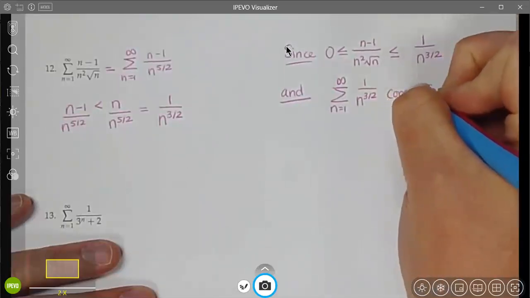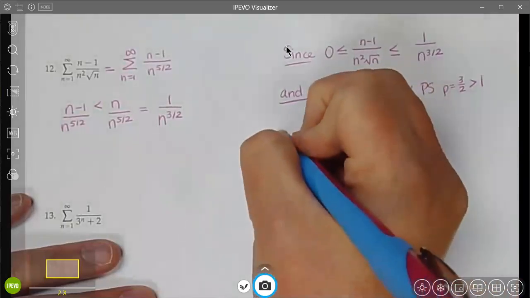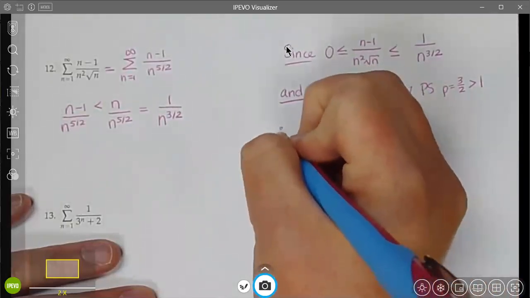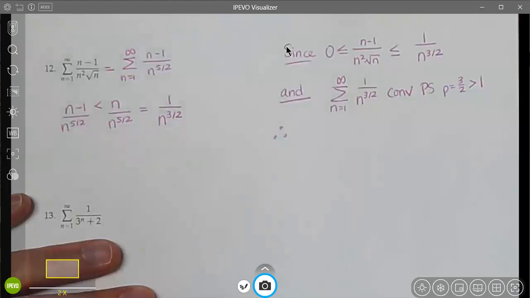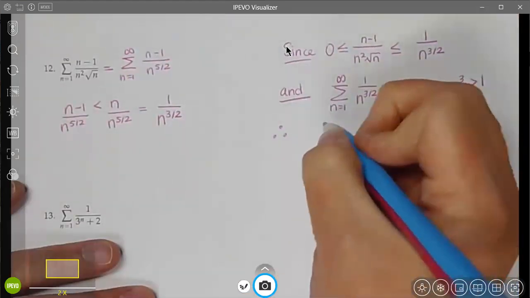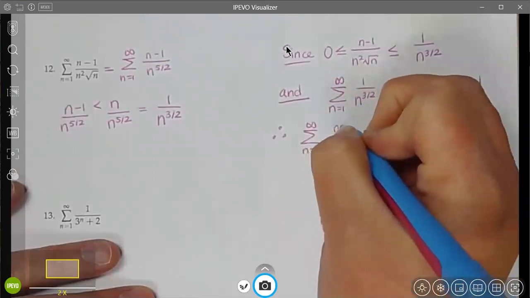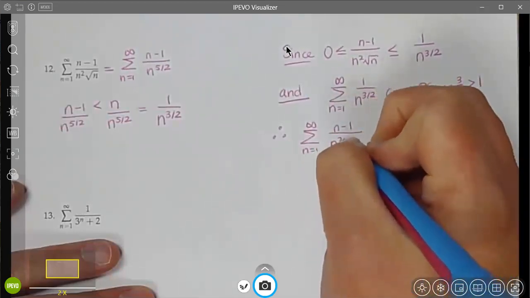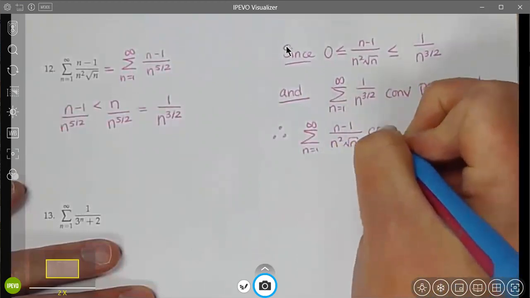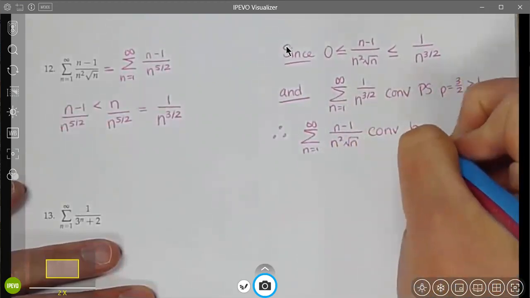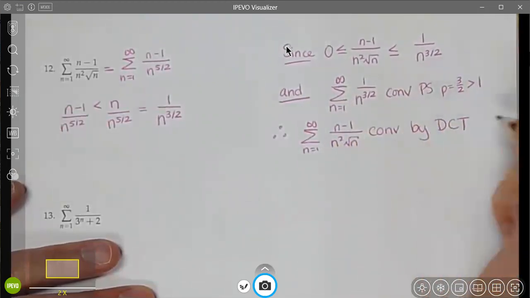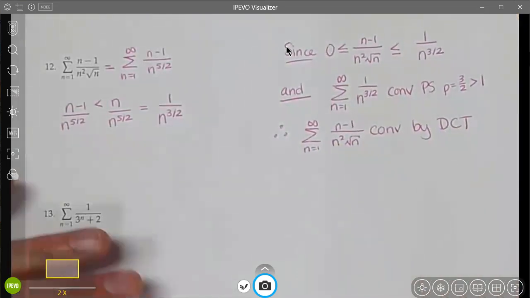So that converges. Therefore, so you can use the 3 dots as a therefore, or you can use the word so or something like that. The series n equals 1 to infinity of n minus 1 over n squared root n converges by DCT, for direct comparison test. That gives us number 12.